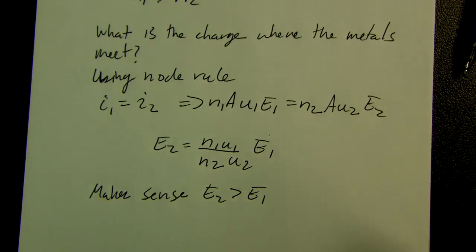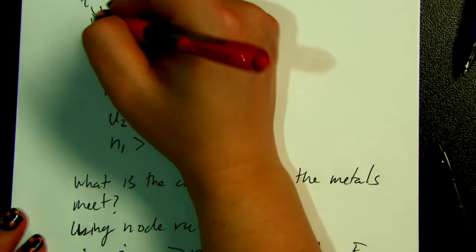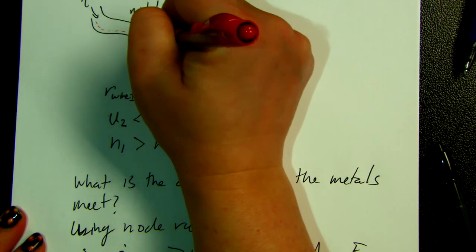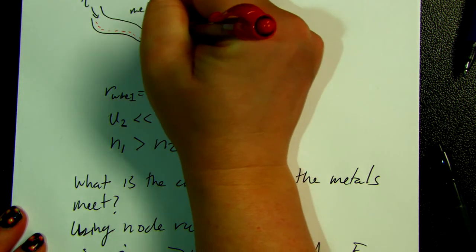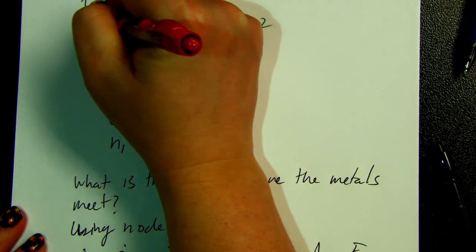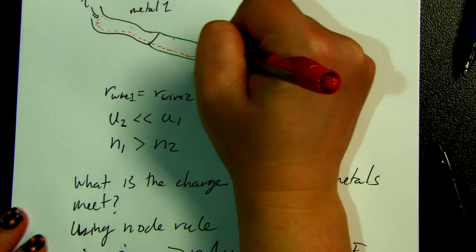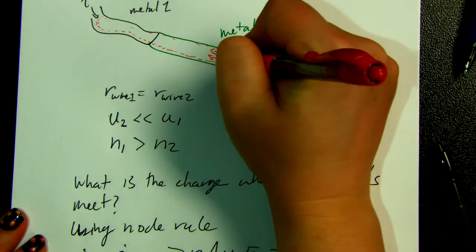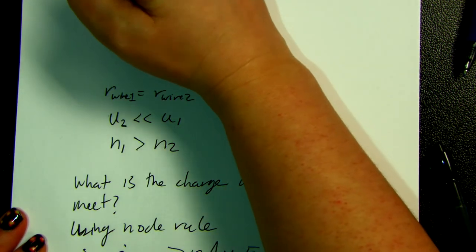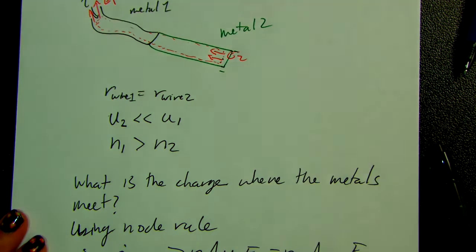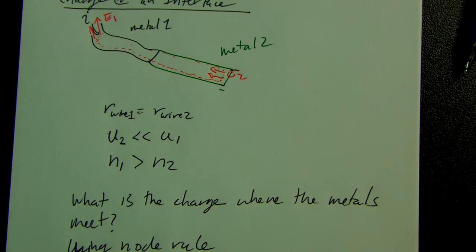Now let's do a Gaussian surface. With a color I haven't used, we can draw a Gaussian surface along here, with E2 right here and E1 here. So there's our Gaussian surface.